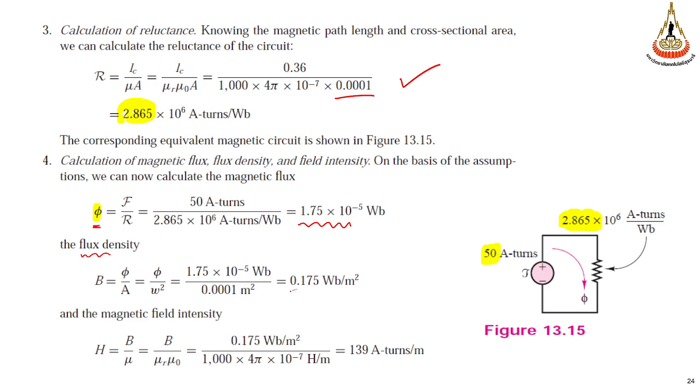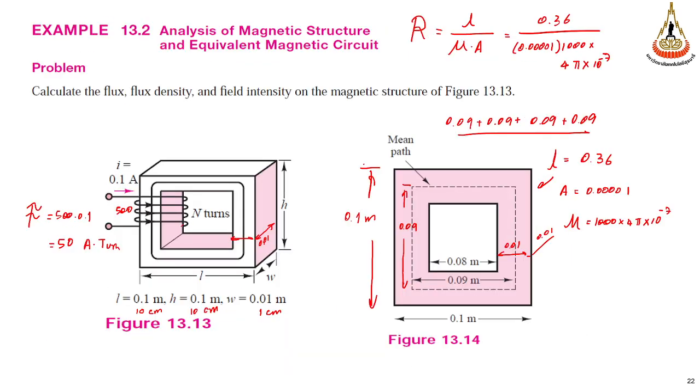Then we get this flux density. And also we can calculate the magnetic field intensity. H is B divided by mu, because B equals mu times H. So we get this intensity. These are all the equations for total flux, flux density and field intensity that we can calculate with this problem.